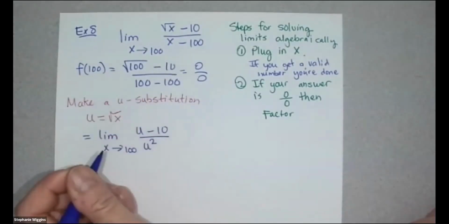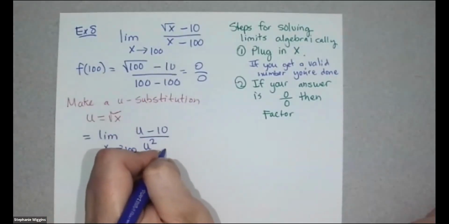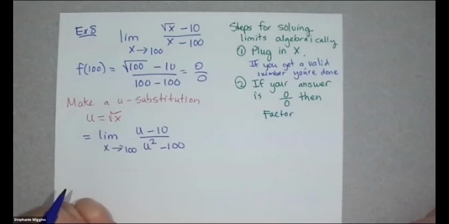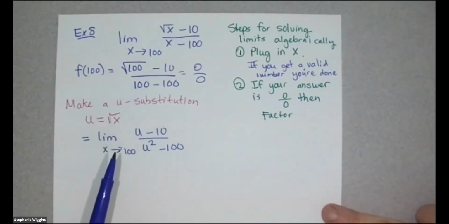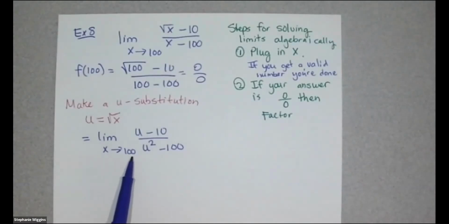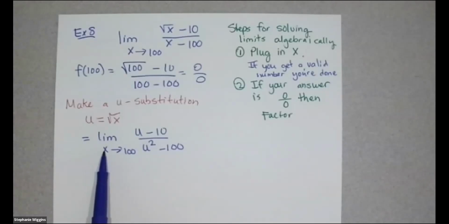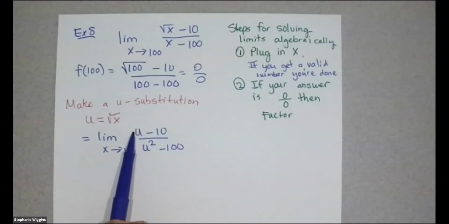So this is going to be U squared minus 100. Okay, but I'm not quite set here. I still have the problem of, to solve this, I have to plug in my number, but I can't plug in 100. Why? Because 100 is really an X value, and I'm working with U's. I have to convert this 100.